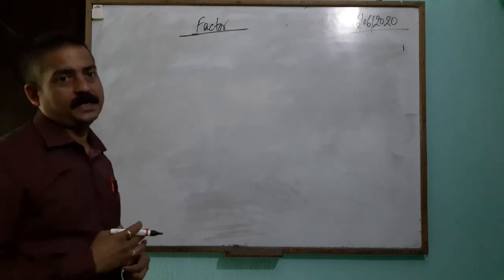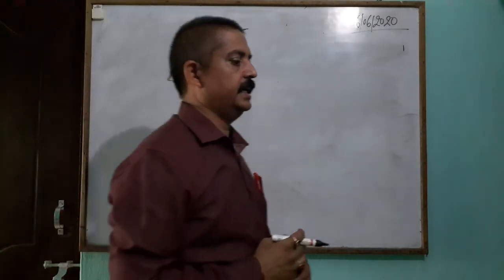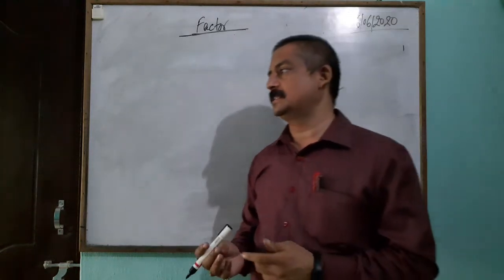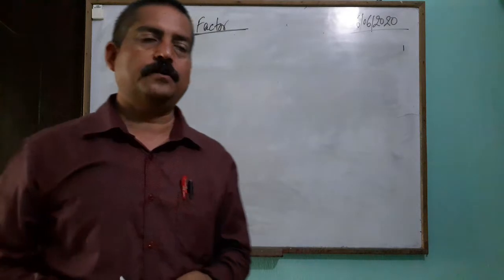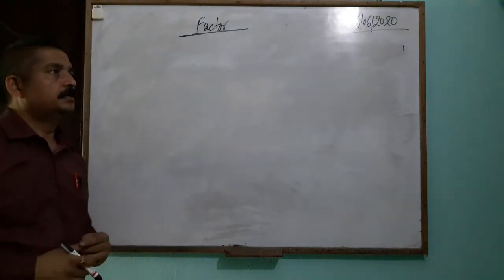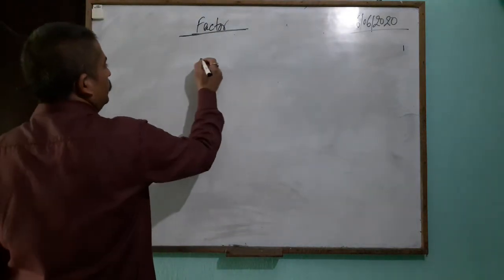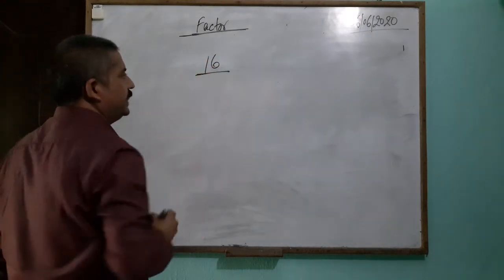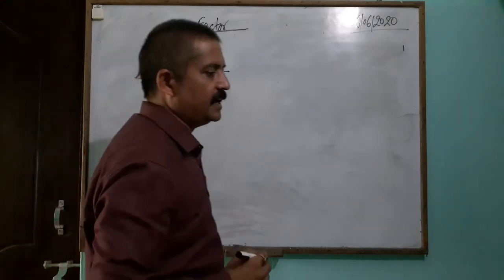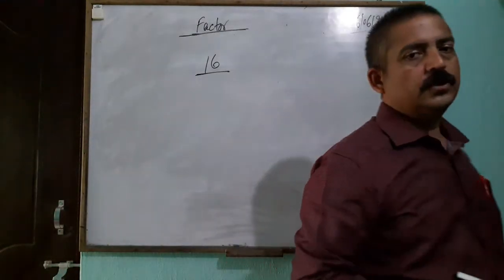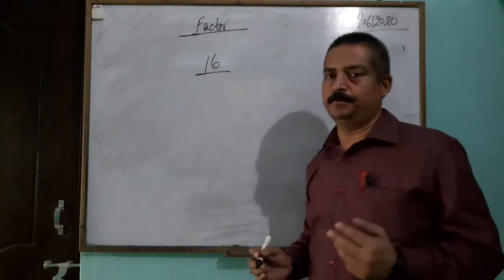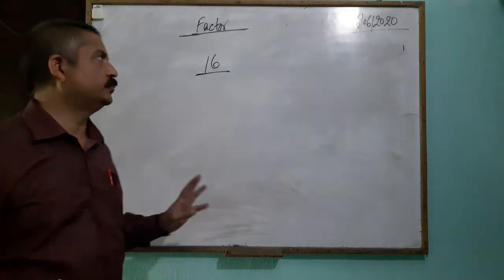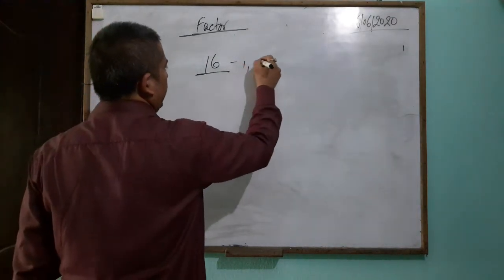So what is a factor? If anyone is asked, what is the factor? Everyone says 4 is a factor of 8, 16 and so on. If we take 16, you find how many factors 16 has. Two factors every number has: 1 and the number itself. So we already have the factors 1 and 16.